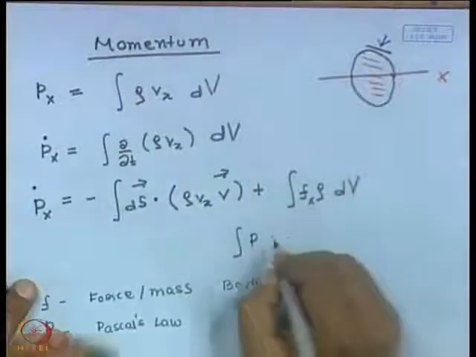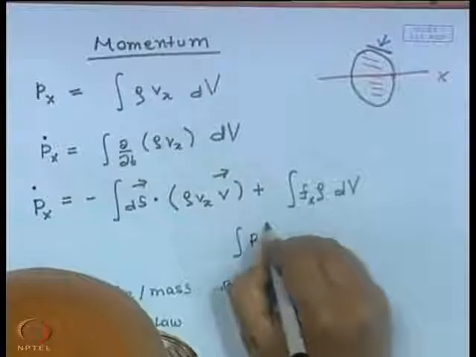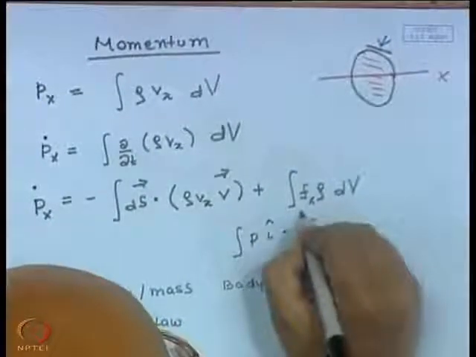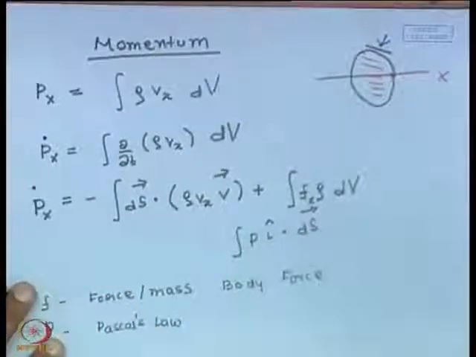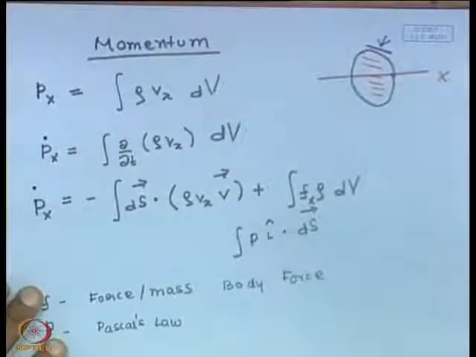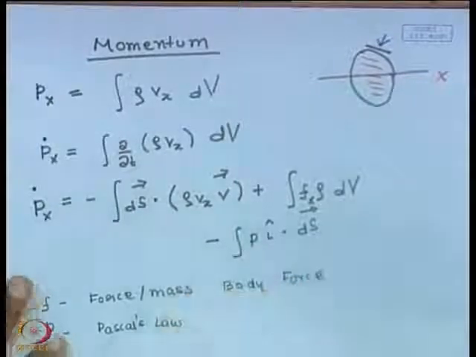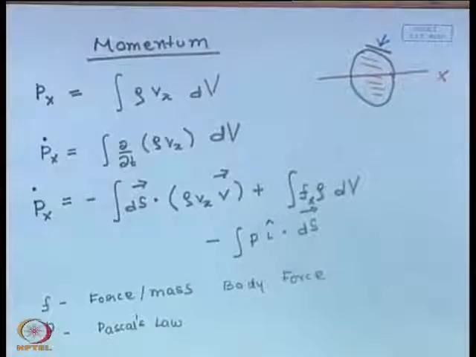Okay. So, I will write this as i, the unit vector along the x direction, dot ds. And this will have a negative sign because the pressure acts inwards, opposite to the surface area, right.